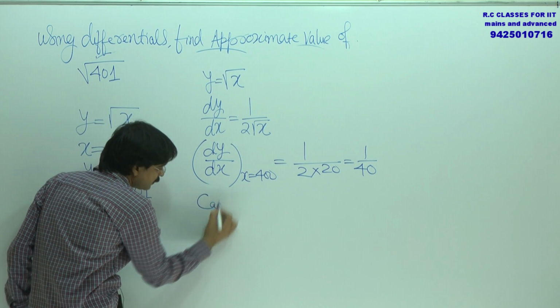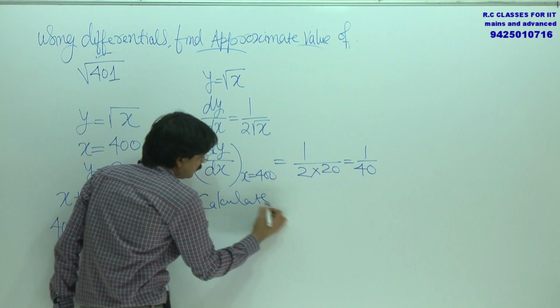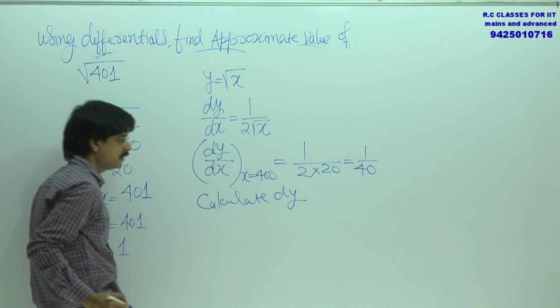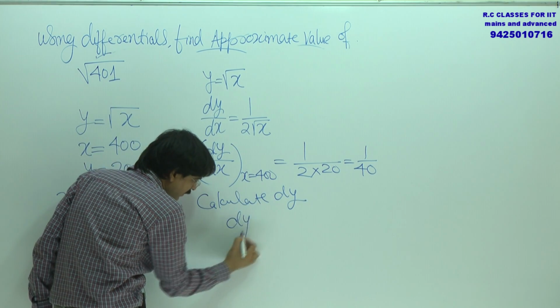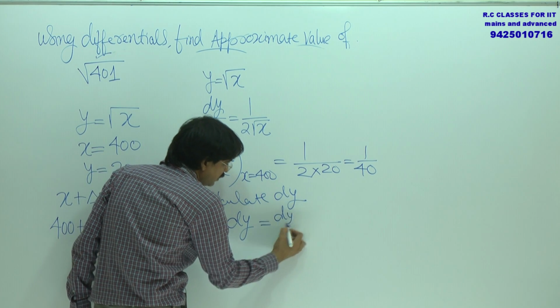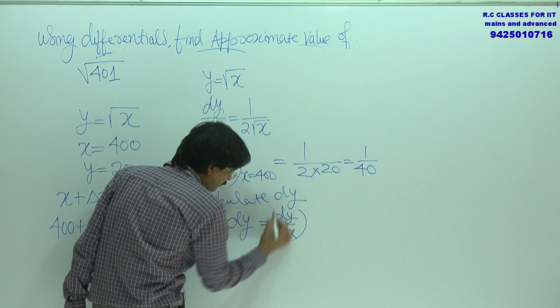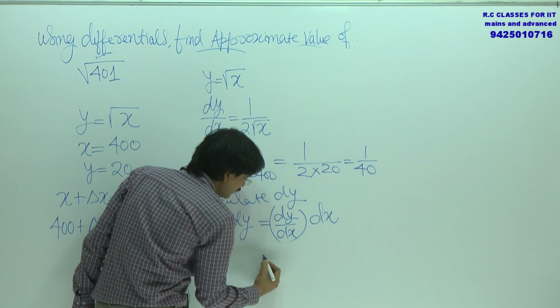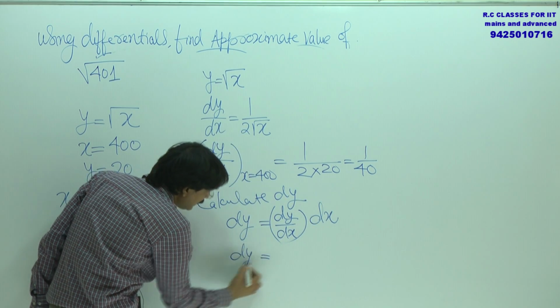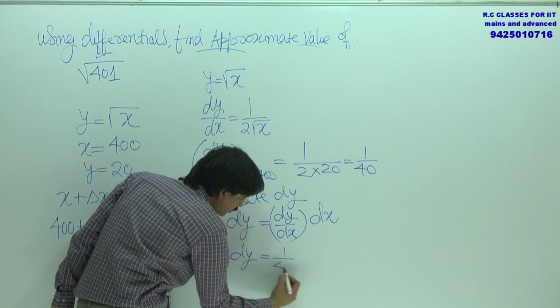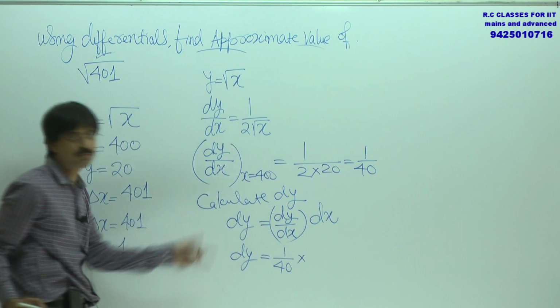Now to calculate dy, we are going to use the result dy equals dy by dx into dx. dy by dx is already known to us as 1 by 40, into dx. What is that dx?